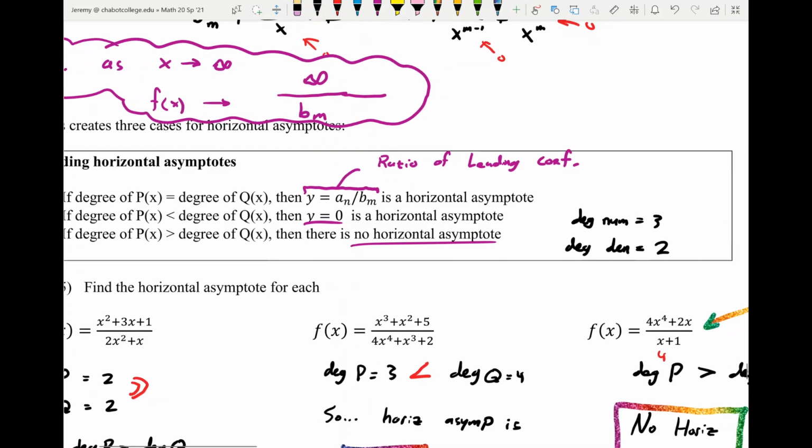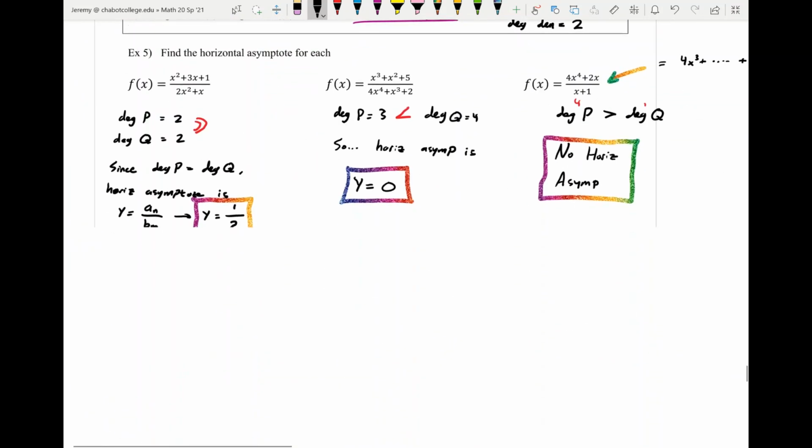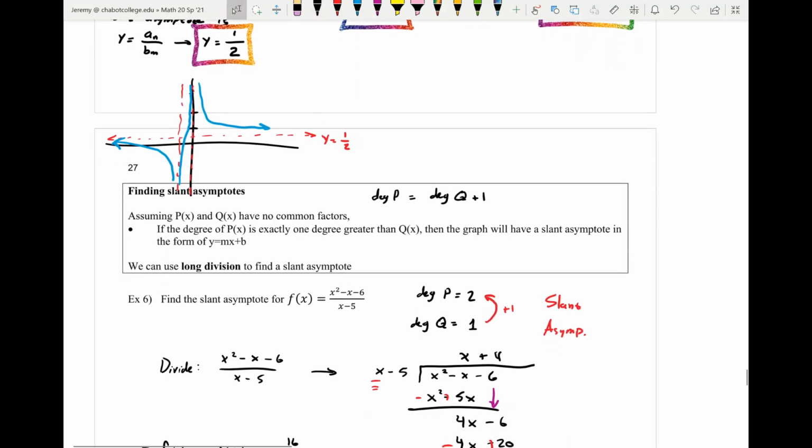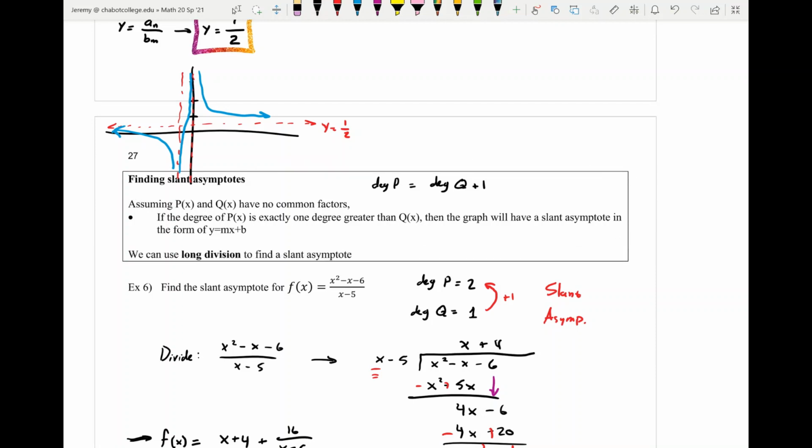Okay, but there's a different type of asymptote that you might remember. Notice that the degree of the numerator is just 2 plus 1, right? It's 1 more than the degree of the denominator, and this puts us in the special case where we have a slant asymptote. So we're going to use long division.